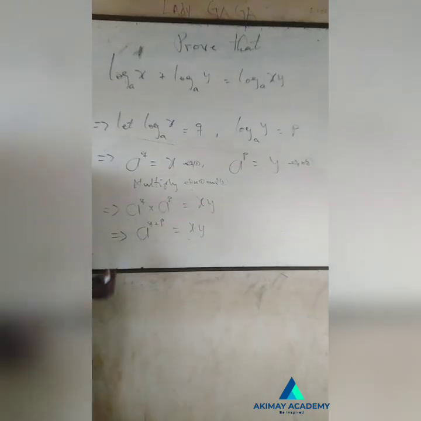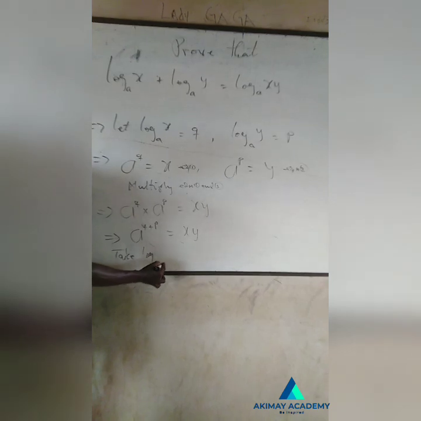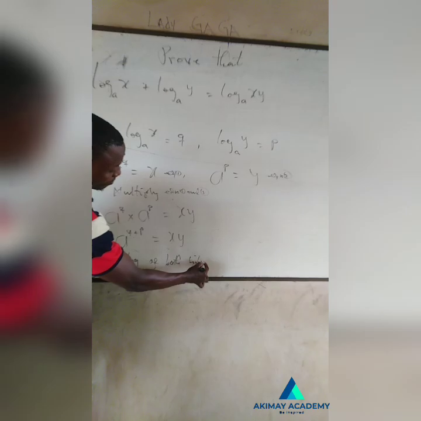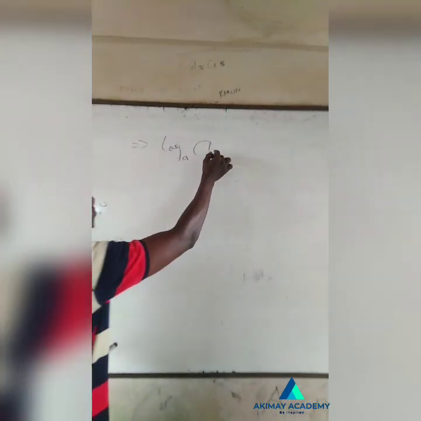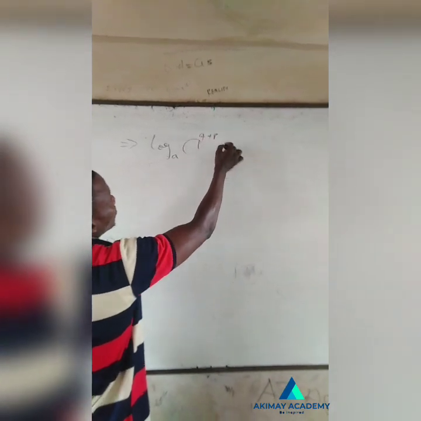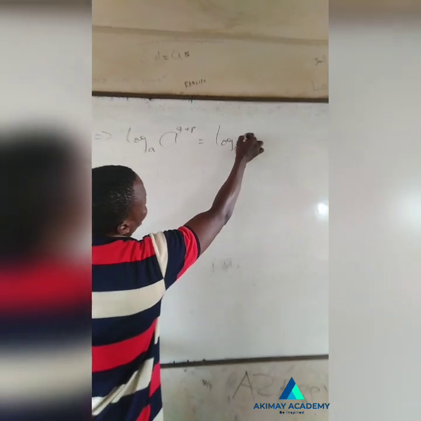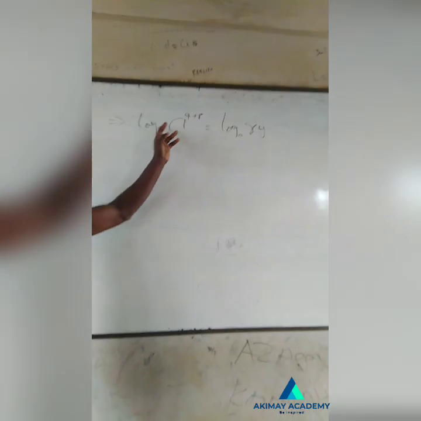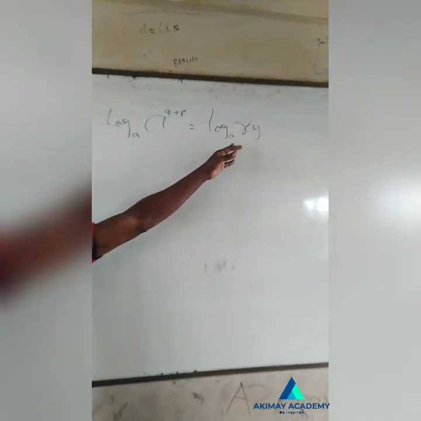So that's what we have: log to the base a of a exponent q plus p equals log to the base a of xy.